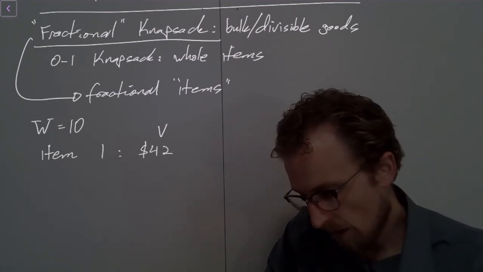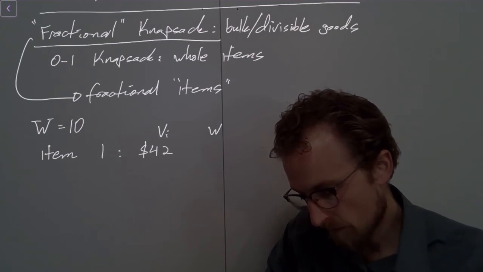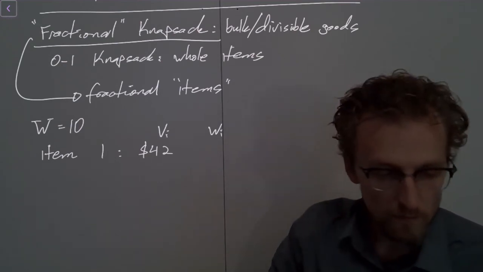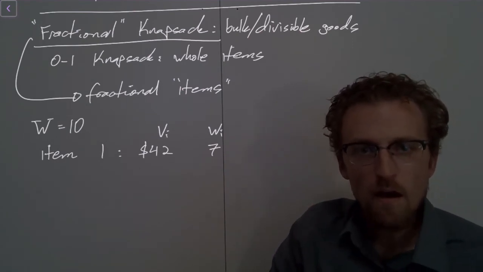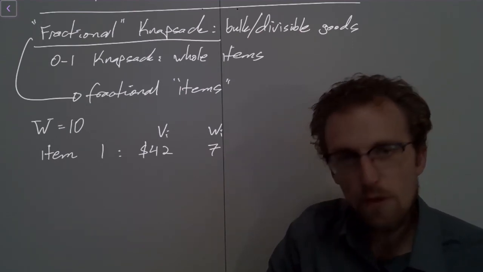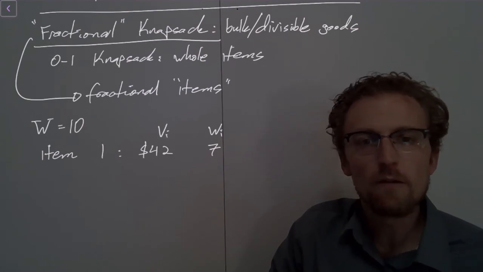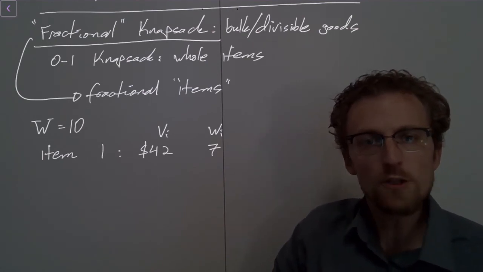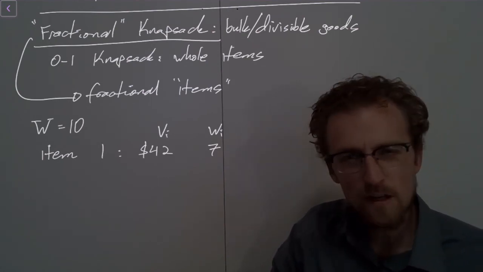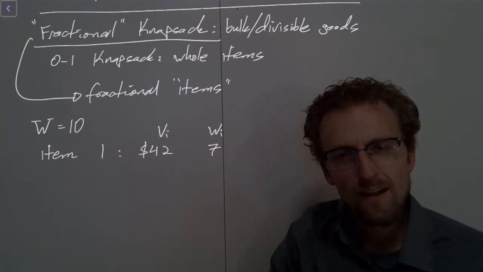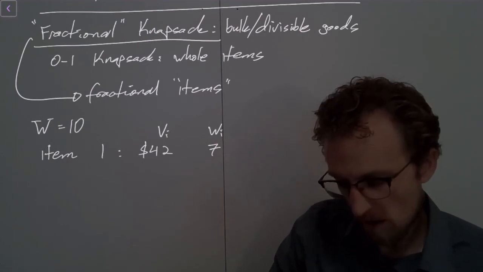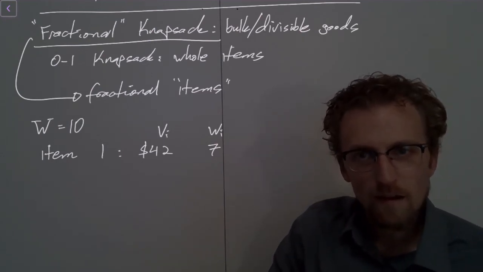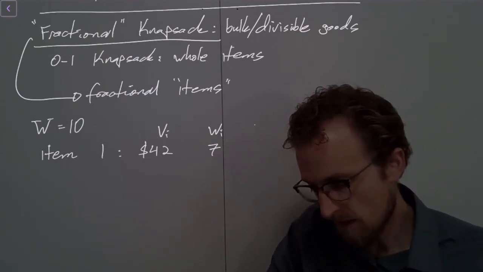Now the total weight of this item, W_i, is 7. So think of it like there's 7 pounds of this stuff, and if the thief took all of it, he would get $42. Right, so all 7 pounds together is $42. And so we can also think of the per pound value of this stuff. So let's think of the unit price of this stuff as V_i divided by W_i.